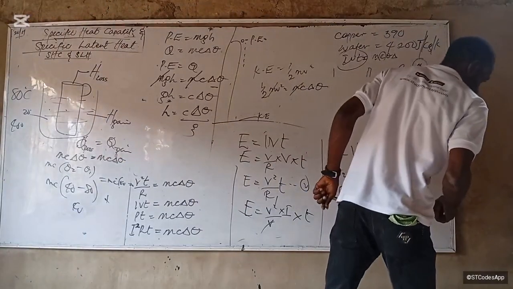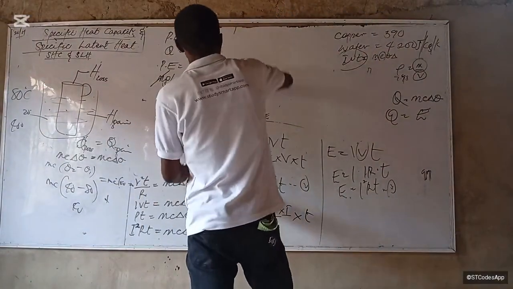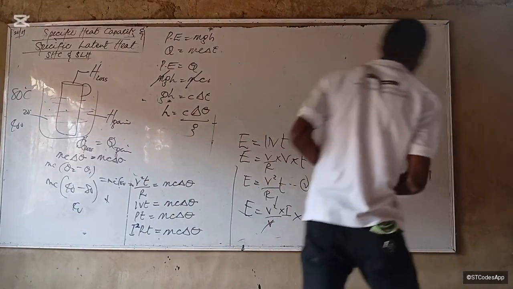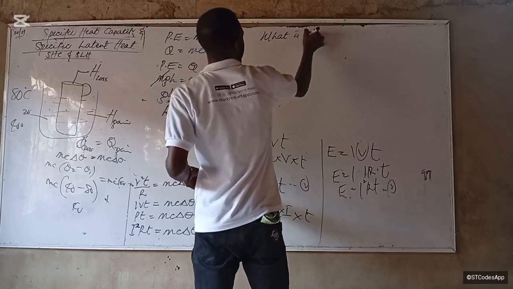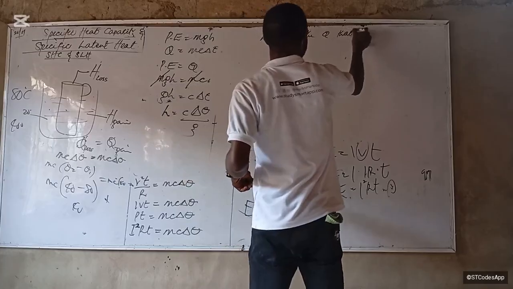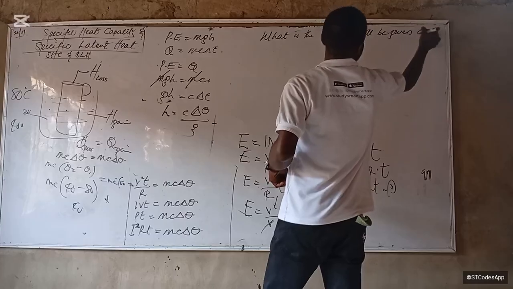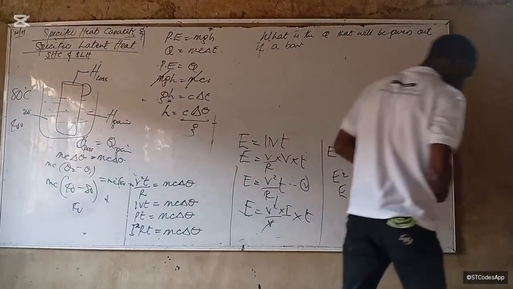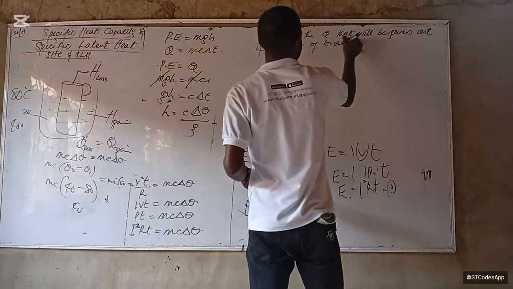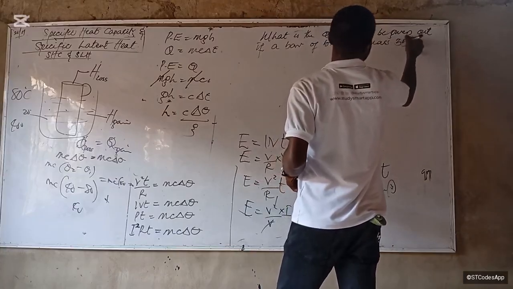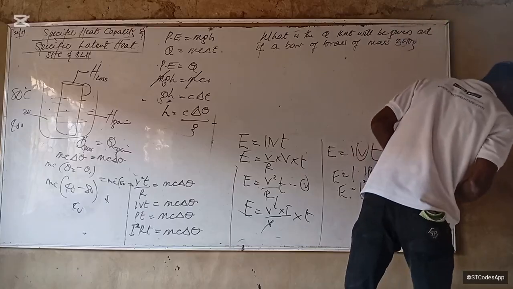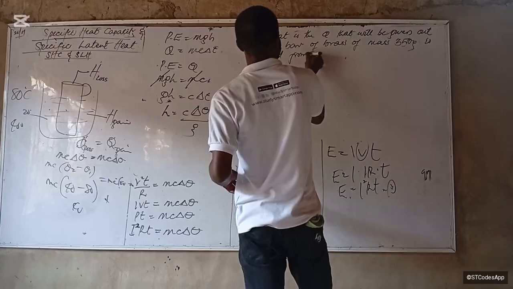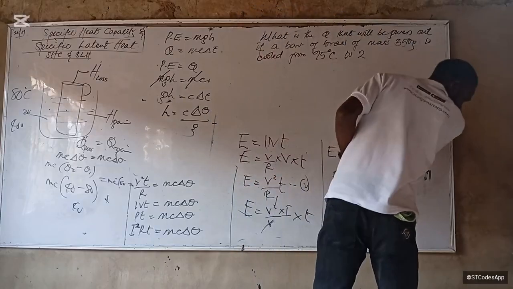What is the quantity of heat that will be given out if a bar of brass of mass 350 grams is cooled from 95 degrees Celsius to 20 degrees Celsius?